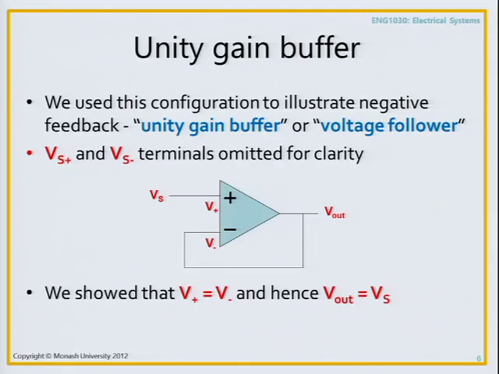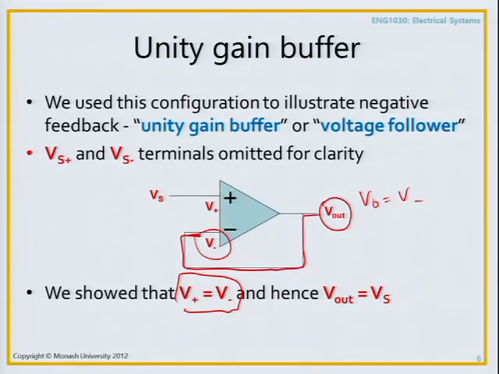In this case, we showed, I glossed over the showing bit, but if you're interested, you can look back and see that this is the case via some intuitive logic, that V plus was equal to V minus. If that's the case, then over here V out is equal to V minus, because the two nodes here are connected directly by a wire.